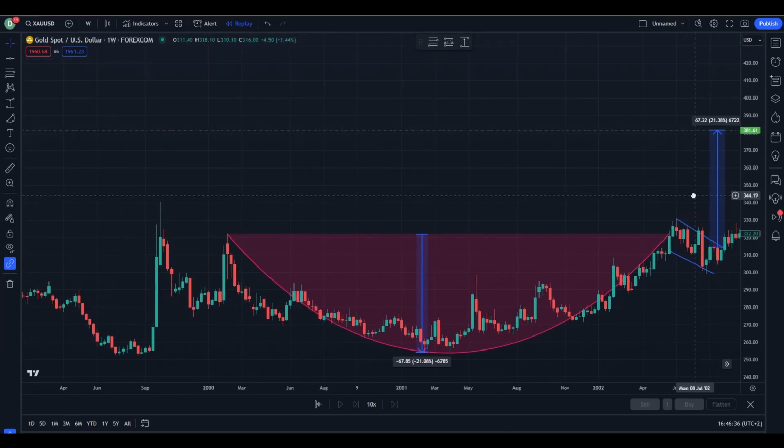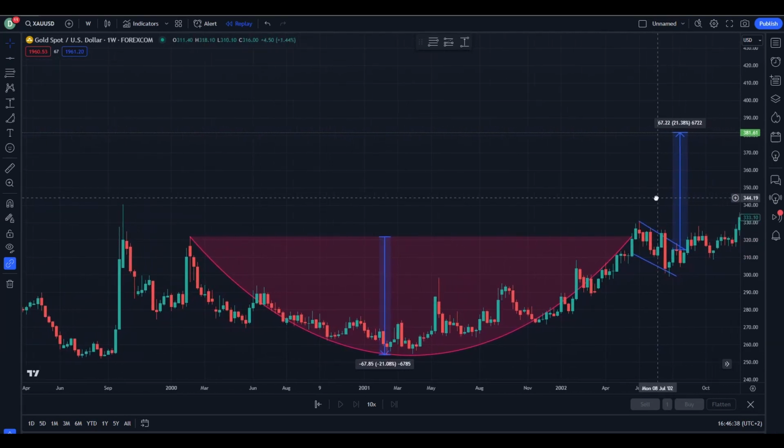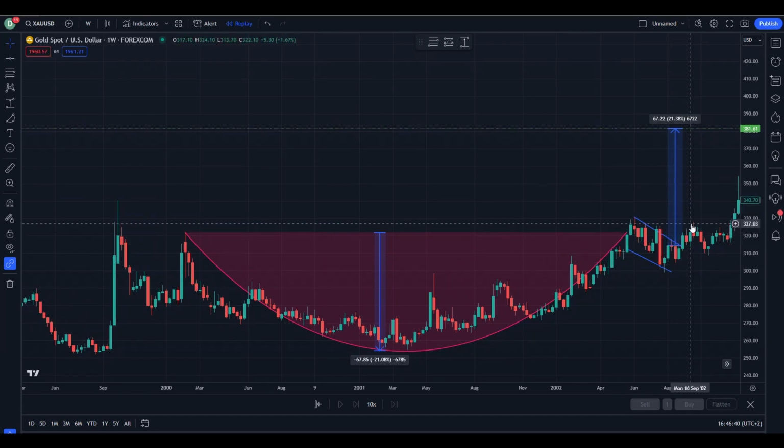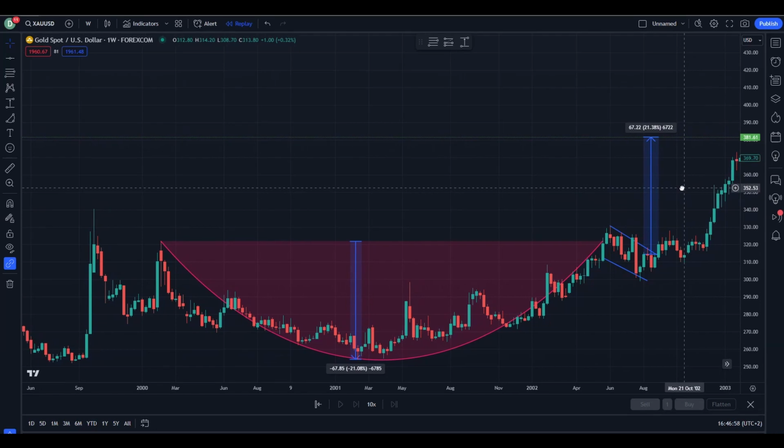Now the price started fluctuating up and down. You can notice that over here there were a few months of fluctuations up and down, which even back then made many traders give up in the process. But here the price finally broke up effectively and started increasing to the upside. It kept on moving.